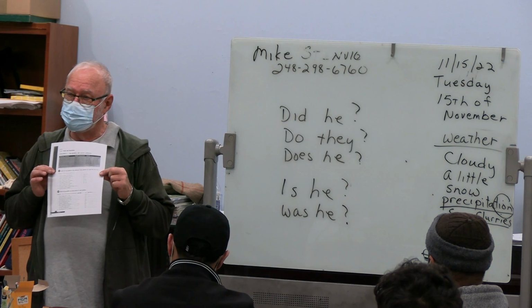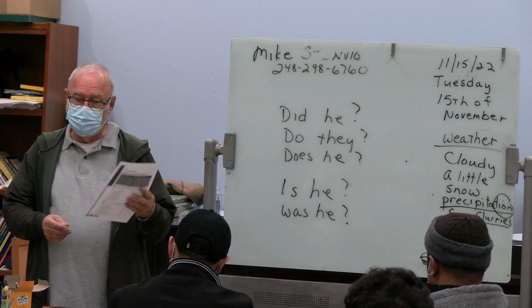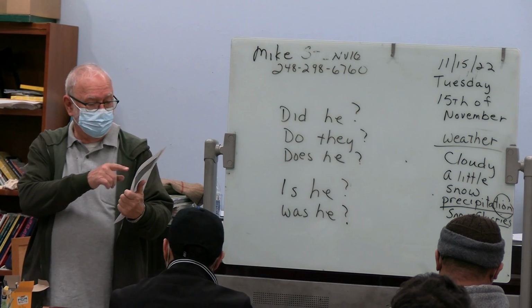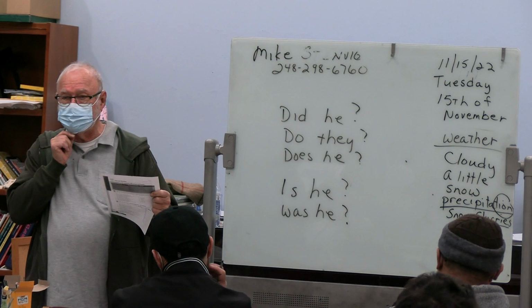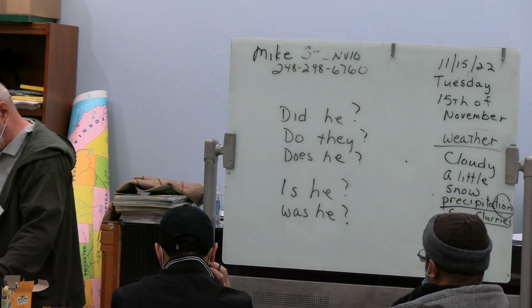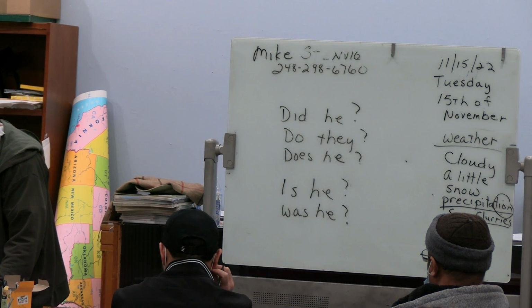On one side, it's going to say food and nutrition. Then the other side will say housing.